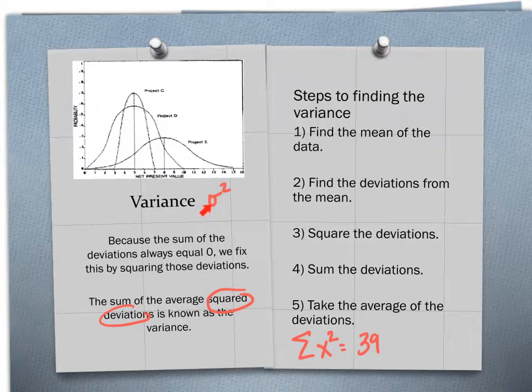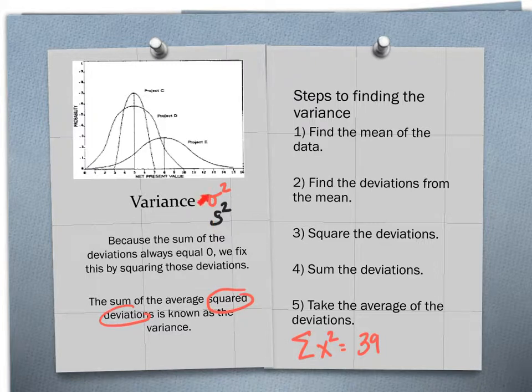Remember, population means you know everything. It's the big picture. The problem with this, though, is that this is not a population. It's a sample. So we're going to talk about a measure called the sample variance, and the sample variance is what we call S squared. So again, this is the population, sigma squared. This is the sample, S squared.